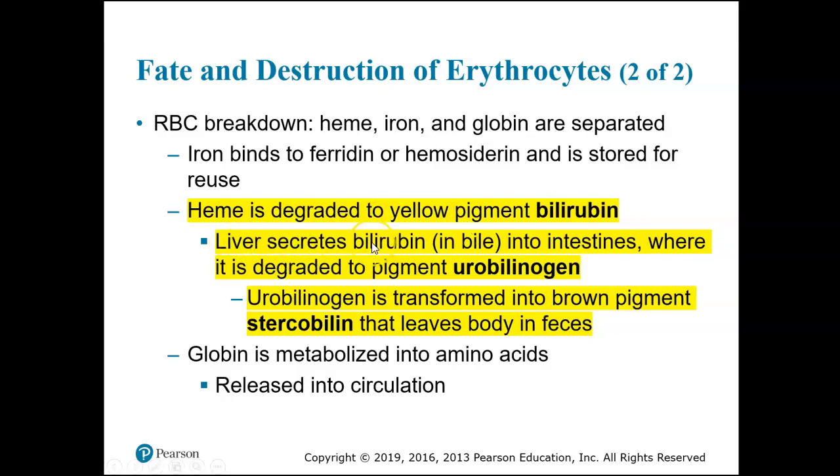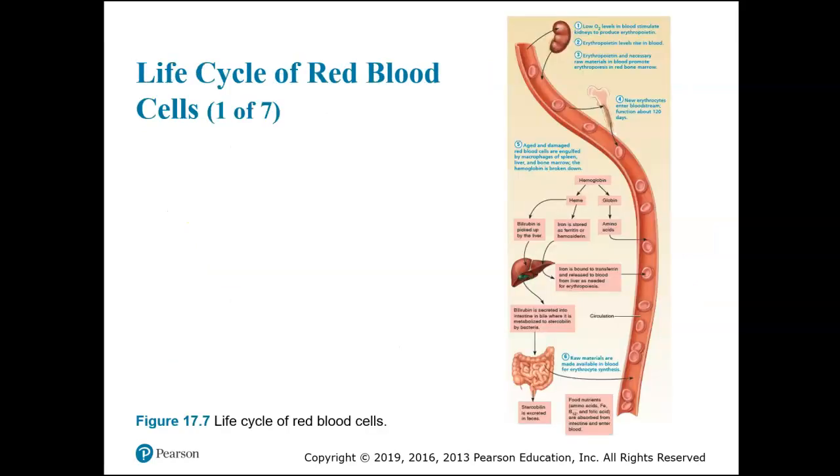And the liver secretes bilirubin in bile into the intestines, and there it's degraded to urobilinogen, which is transformed into the brown pigment stercobilin that causes the brown color in the feces. So we've got urobilins and stercobilins that begin as bilirubin, and those are all components of heme breakdown.